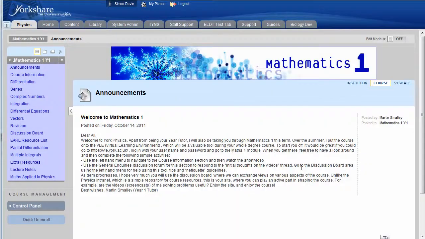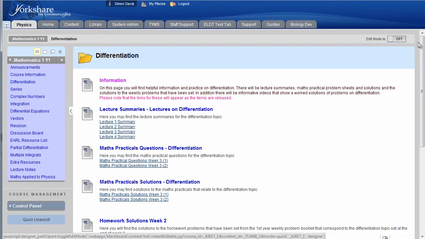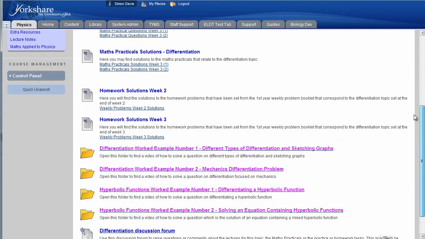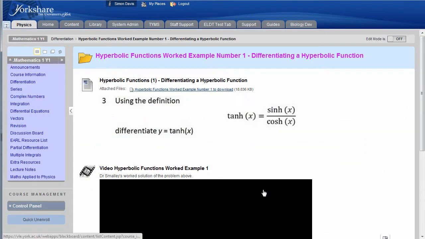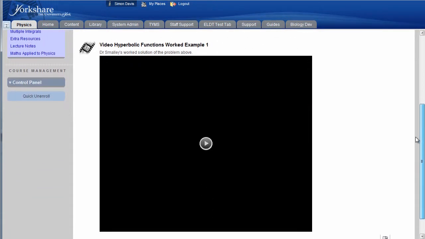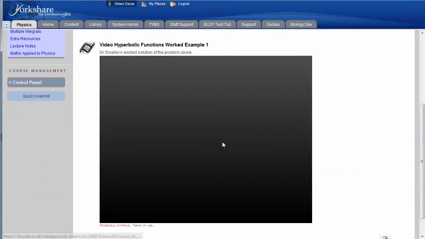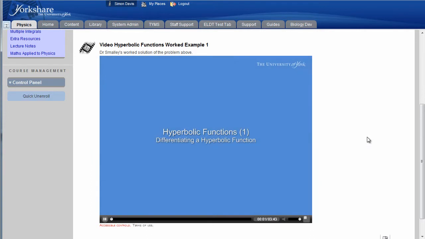The thing that was most popular was the screencast, where I went through problems that the students could follow as I talked out loud and wrote on a digimemo pad. They could see the calculation develop and hear the lecturer talking through the problem that they themselves had to face.